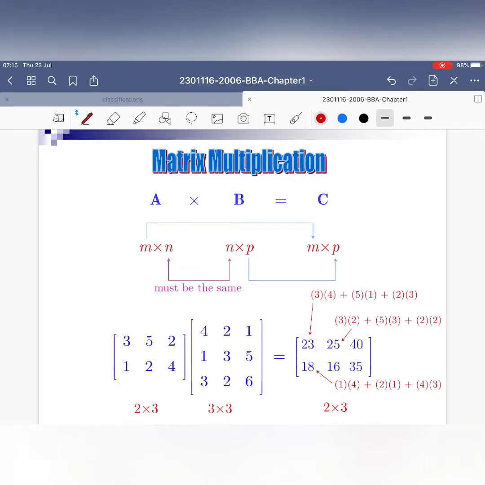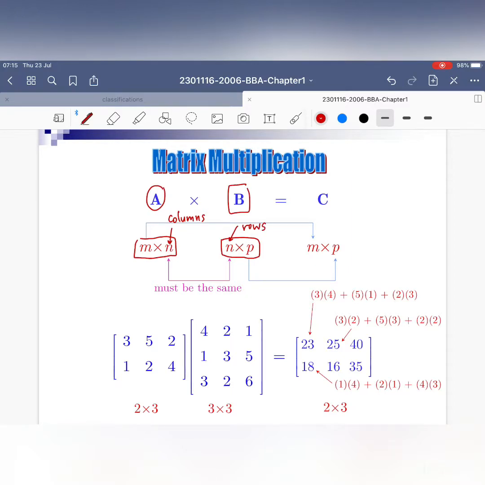Okay, matrix multiplication. If you got your A and you got your B, it must be of something not really natural. The first one, your A must be of the size m by n. Your B must be of the size n by p. You see, your A must have n columns here, and then your B must have n rows.